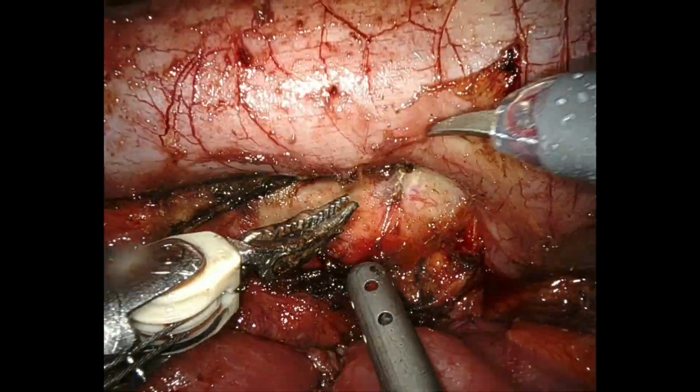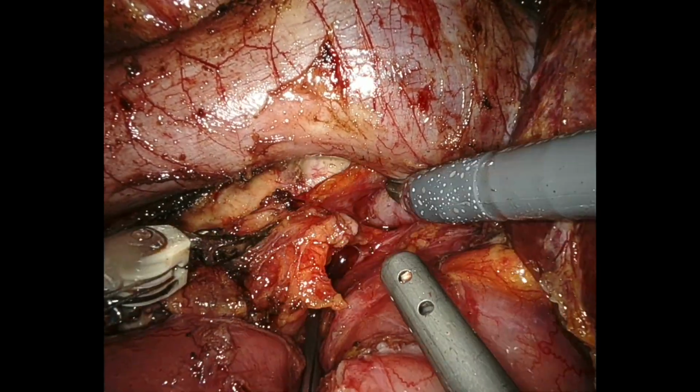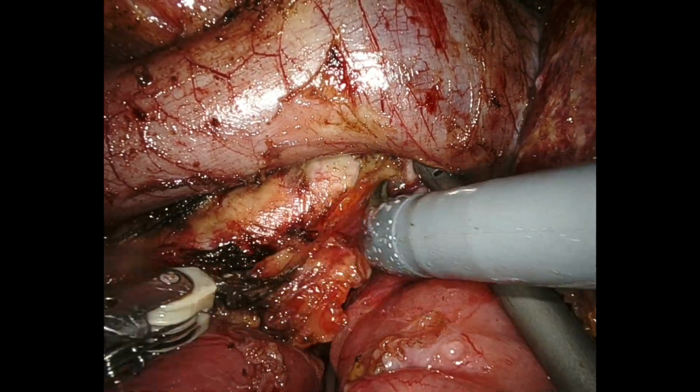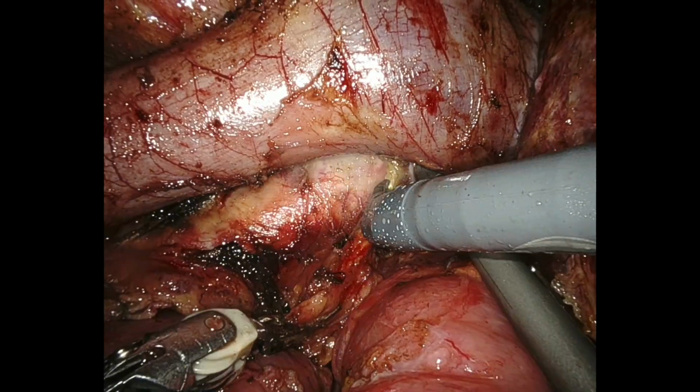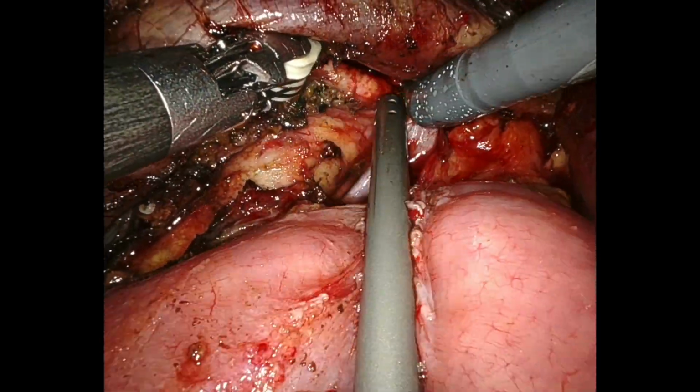The right lateral side of the aorta is then released to perform the inter-aortic caval lymph node dissection and then isolate, clamp and section the right renal artery.